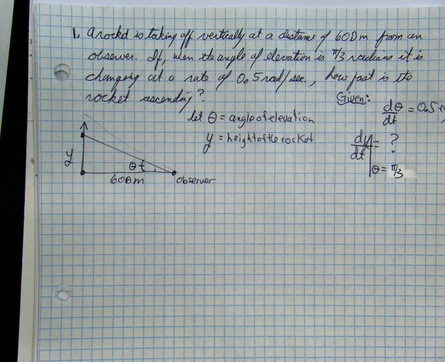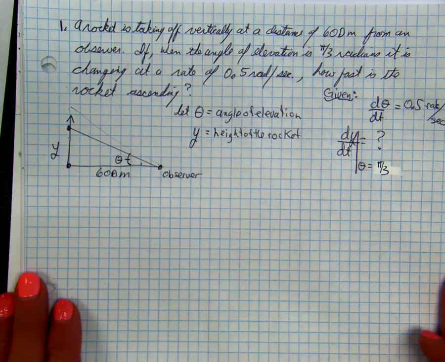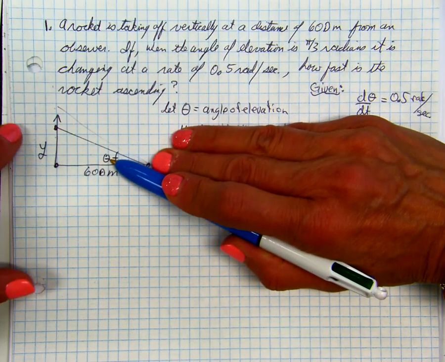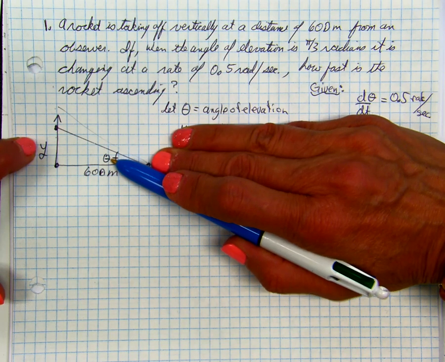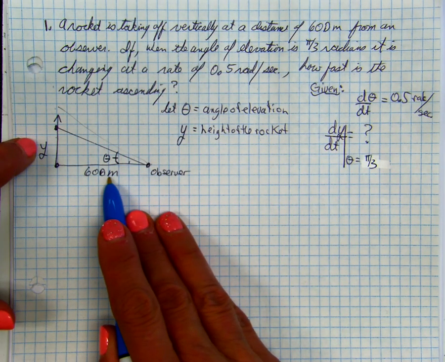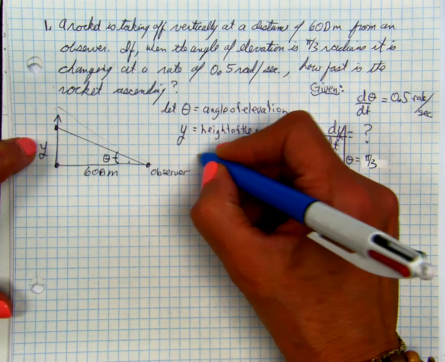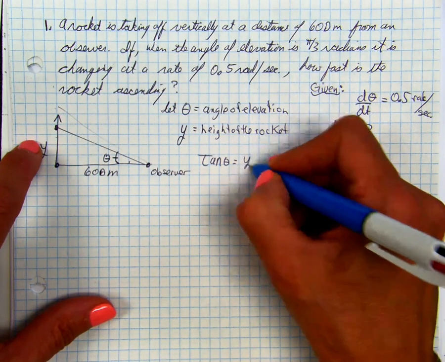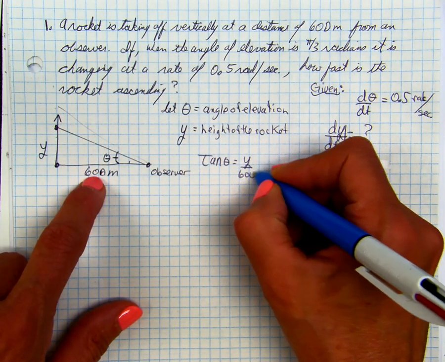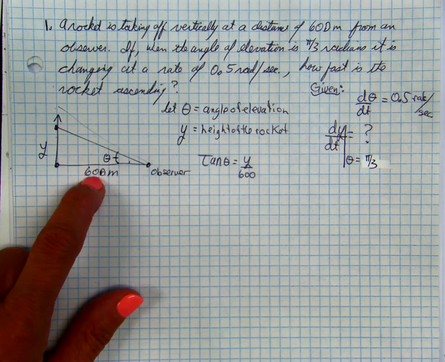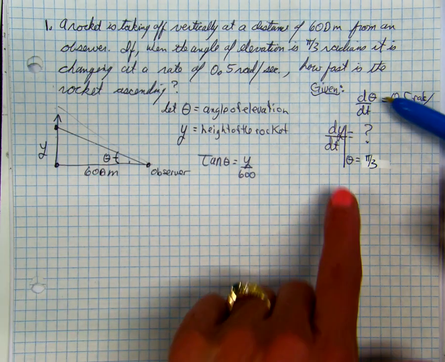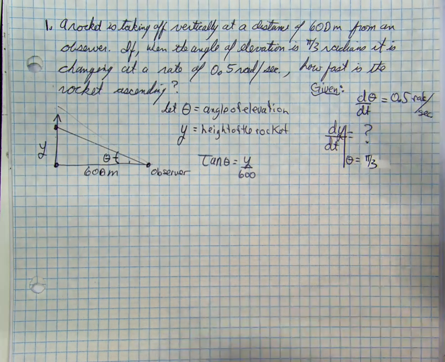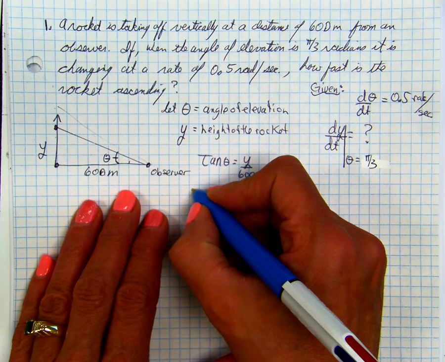Okay, so then what's our relationship? And here's something we haven't done before. Our relationship between the angle and the opposite side when I know the adjacent side is this. The tangent of this angle theta is opposite over adjacent. So that's the equation that I'm going to use to find my relationship between theta, d theta by dt, and dy by dt.